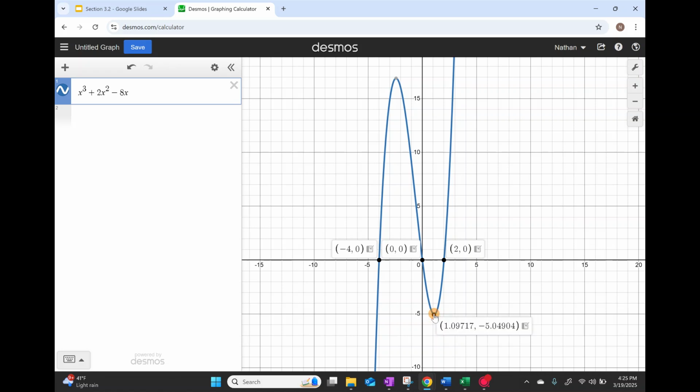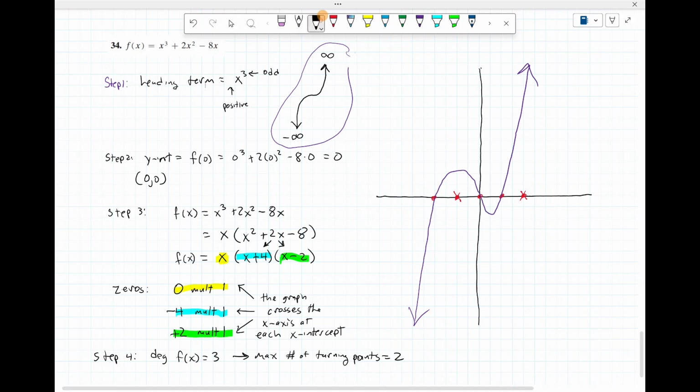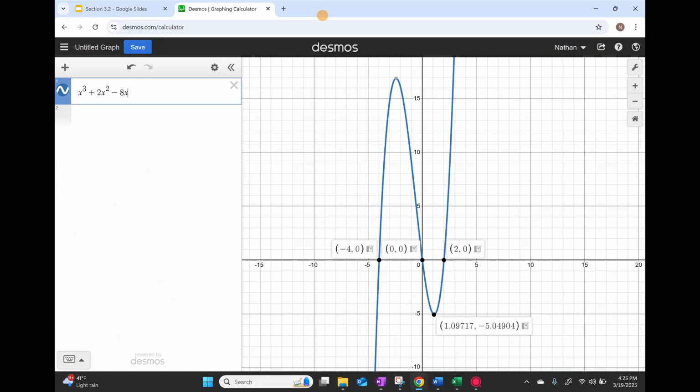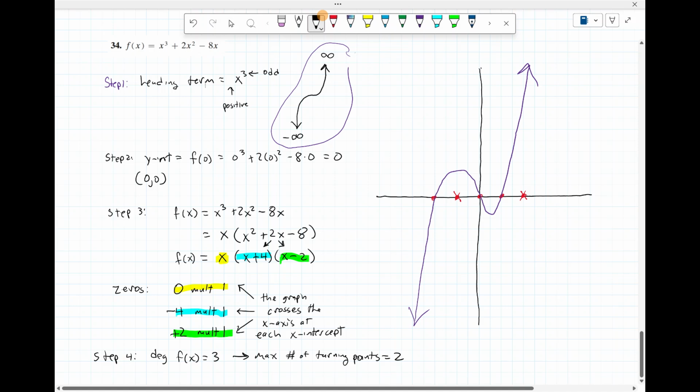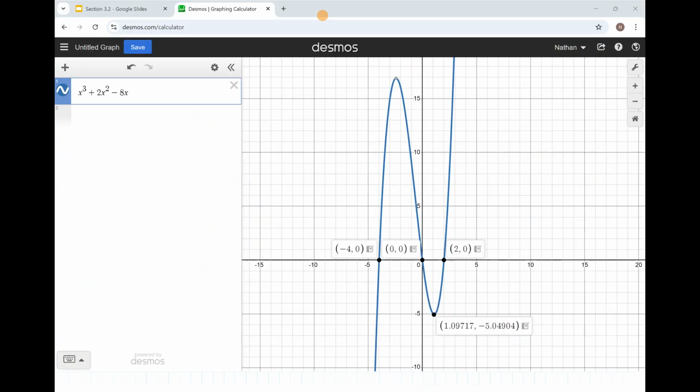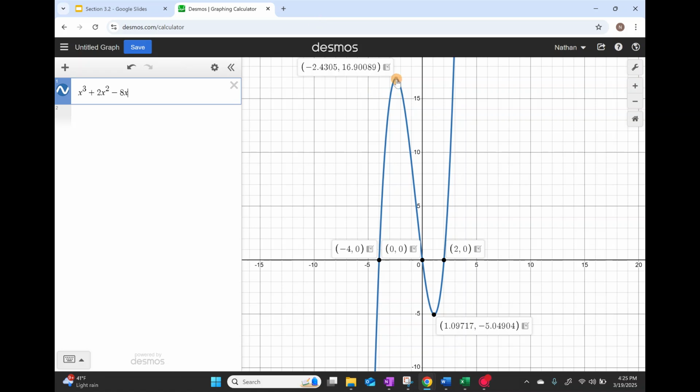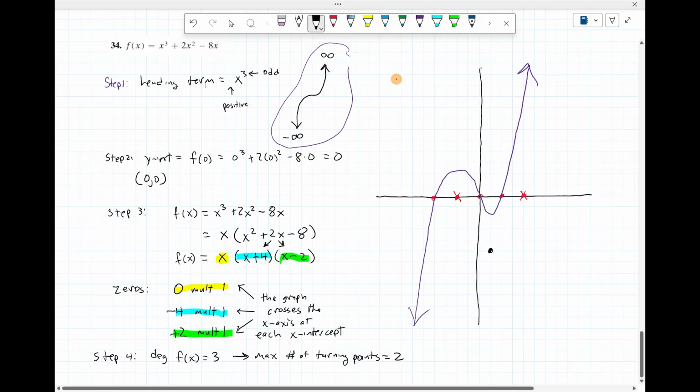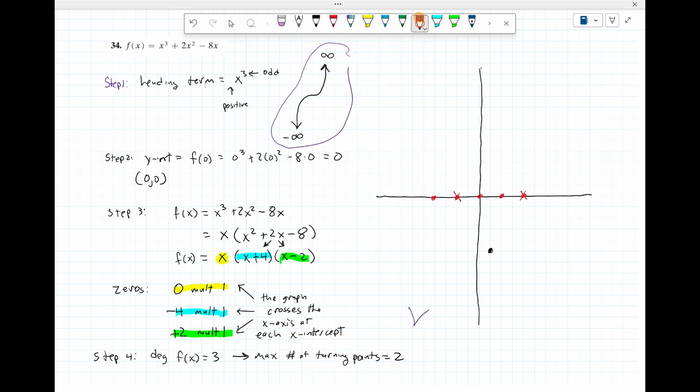This actually happens closer to -5. If I wanted to, I think that's around 1, -5. It's not perfect, but I could say that's actually where I want that local minimum to be. The local maximum is all the way at negative almost 2.5 and 17. That's going to be way up in the sky up here. So I'm not going to be able to get a perfect graph without really redrawing this whole thing, but I'll get it at least a little bit better.